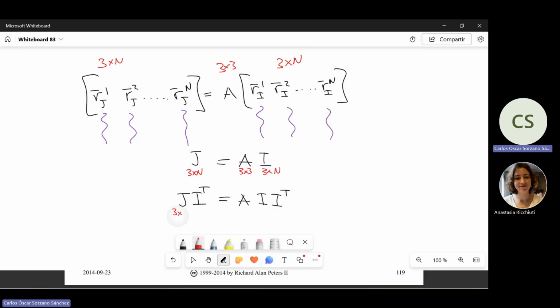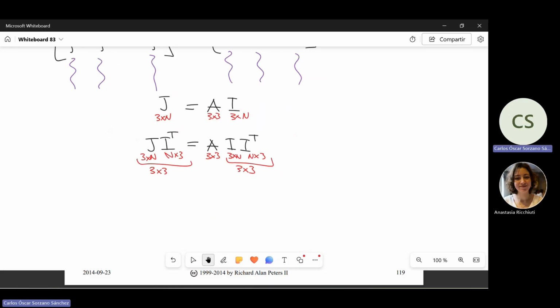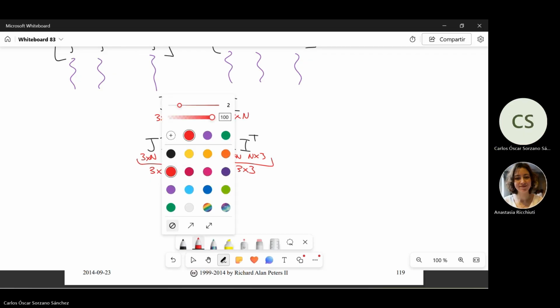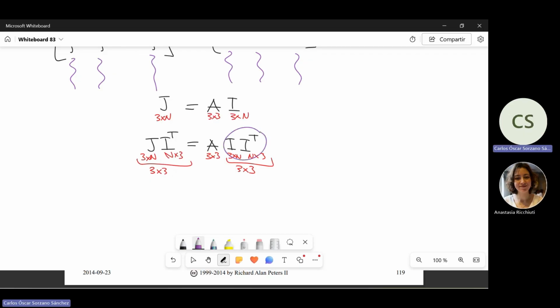This is 3 times n, this is n times 3, this is 3 times 3, this is 3 times n, and this is n times 3. So this whole thing is 3 times 3, and this one is 3 times 3. So now I can invert this one. So now it will be J I transpose, I I transpose, minus 1.